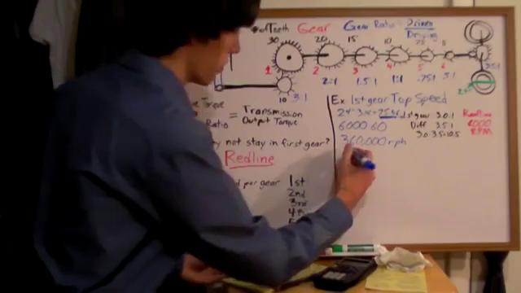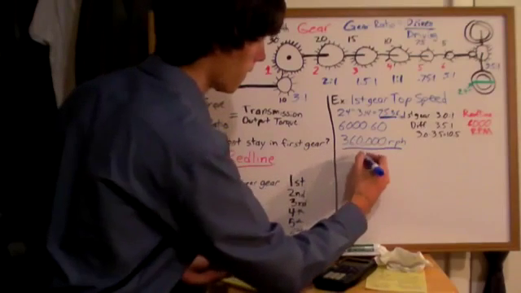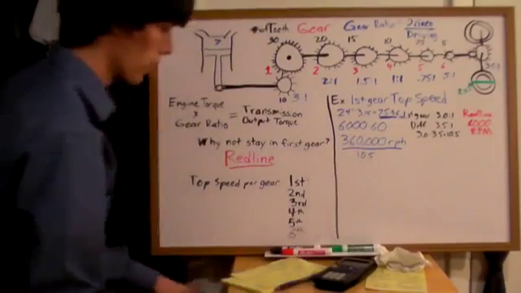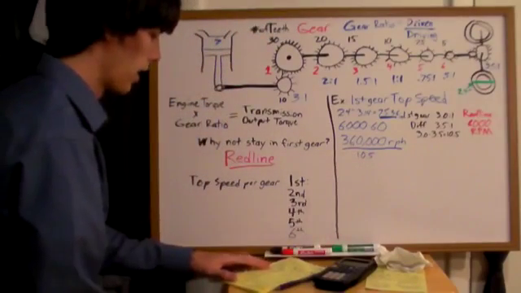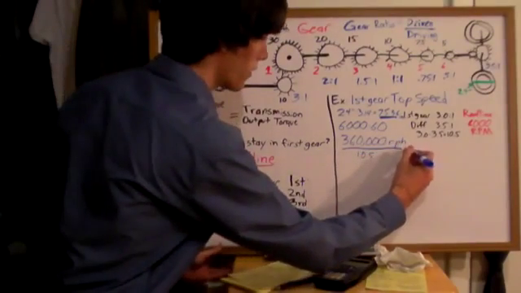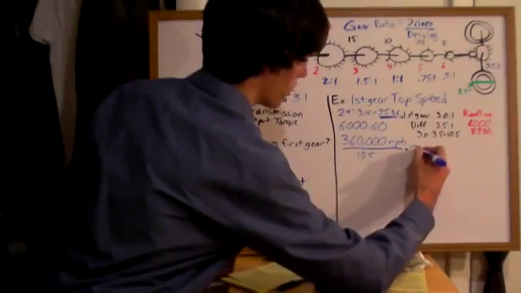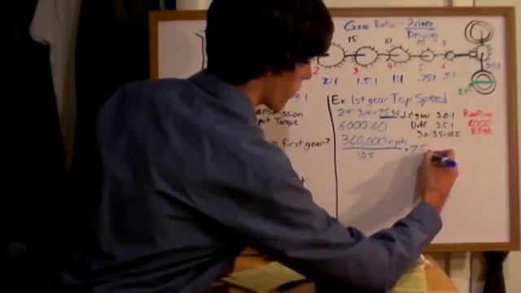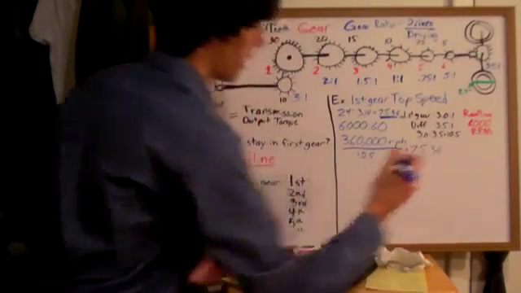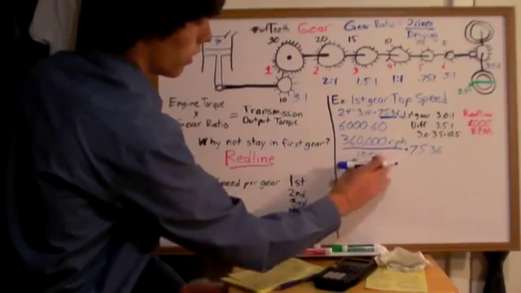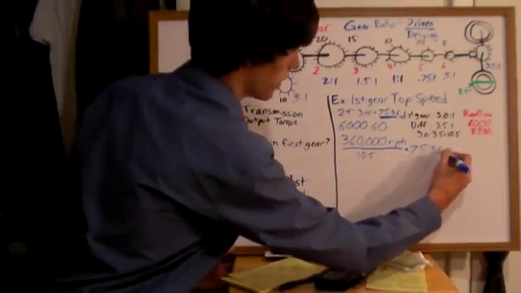Alright, from here we want to calculate how fast this is getting you. So we're going to want to divide by 10.5. That's going to be your gear ratio. And then we're going to multiply this by 75.36. And this number, so you're going to have a revolution per hour over your gear ratio times a distance.